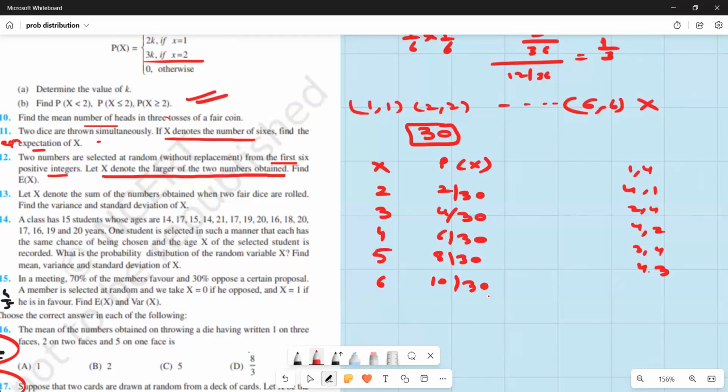We have to find the EX. EX means mean again. Expectation, mean, average, all are mean. So find out XPX. So that is 4 by 30, 12 by 30, 24 by 30, 40 by 30, 60 by 30, right?